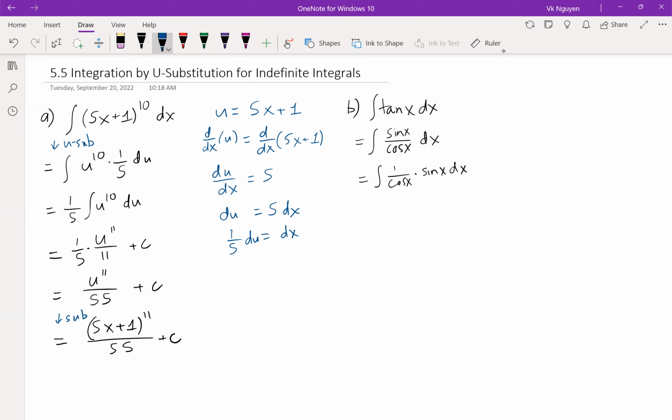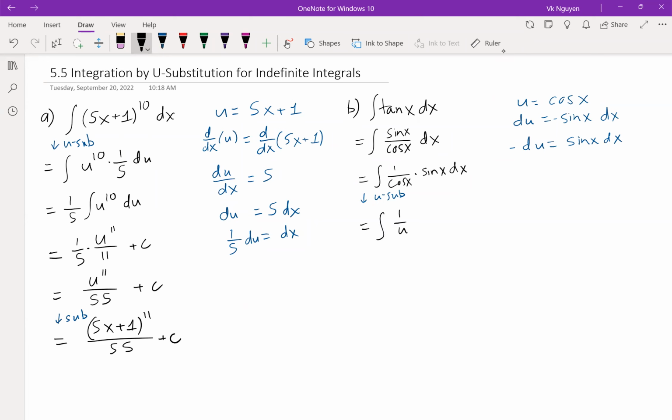Now we can let u be cosine x, and du is the derivative of cosine, negative sine x dx. Meaning that sine x dx is negative du. Do the u-sub.